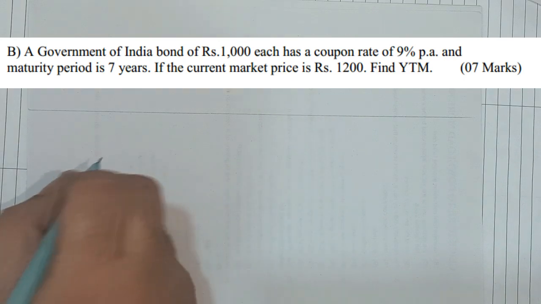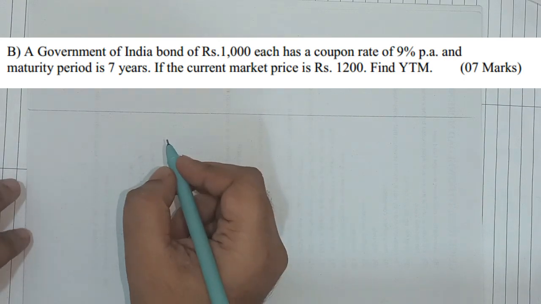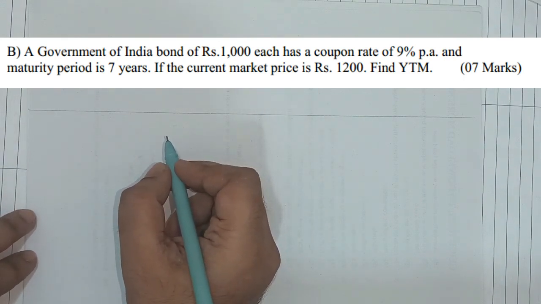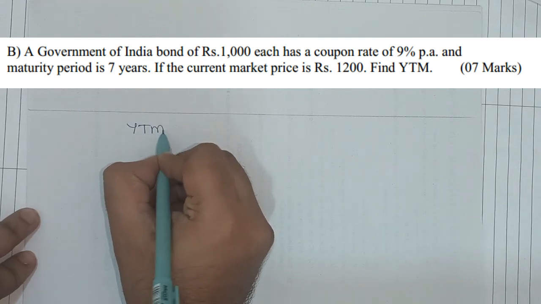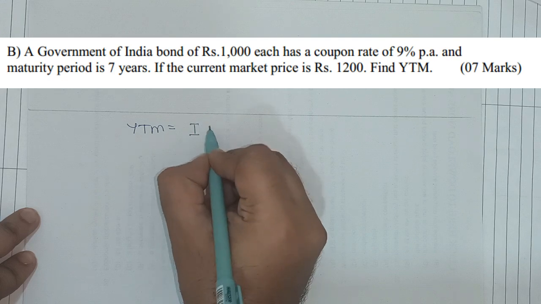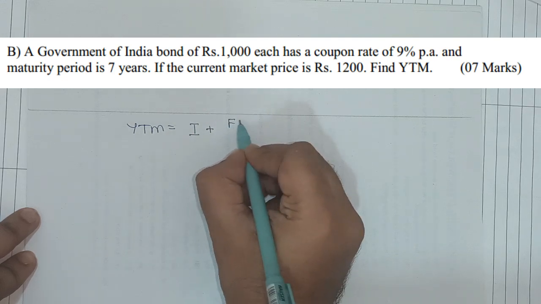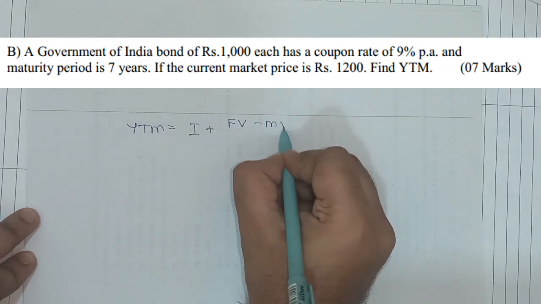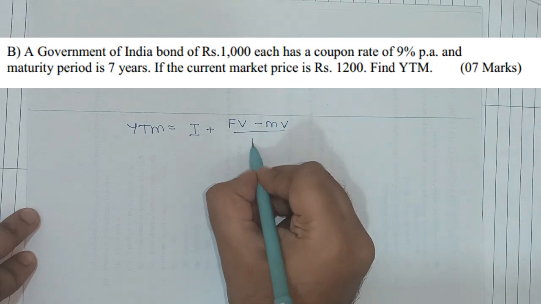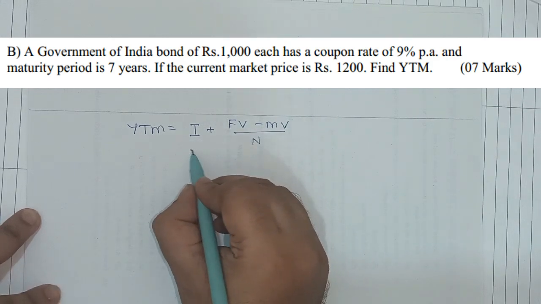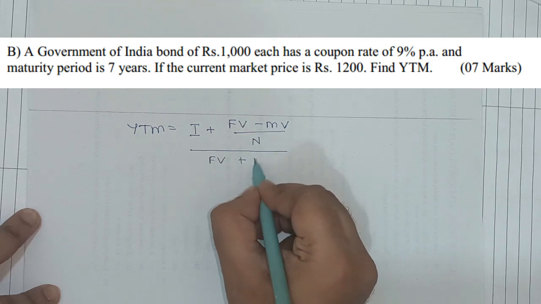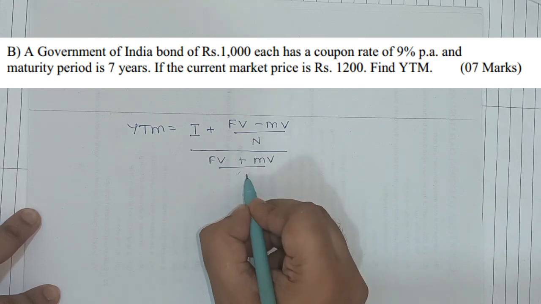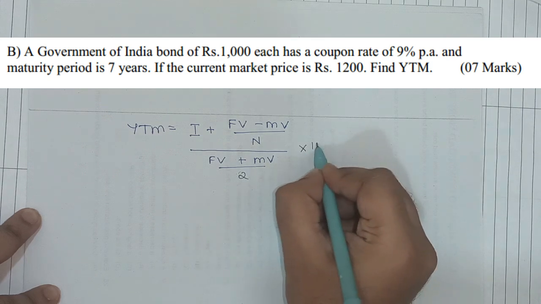So first we'll note down the formula. I'll write here YTM is equal to interest plus face value minus market value divided by number of years, the whole thing upon face value plus market value divided by 2, into 100.